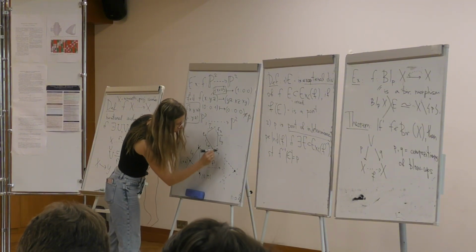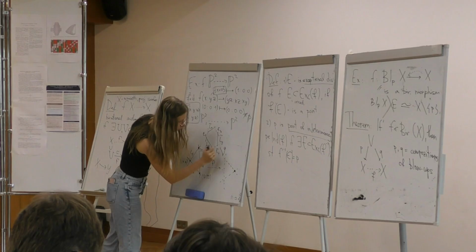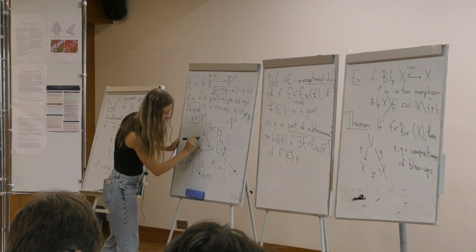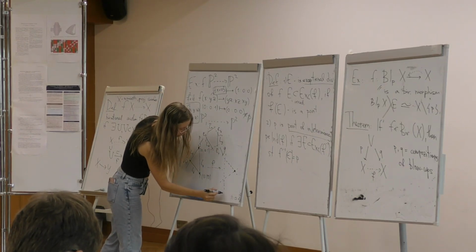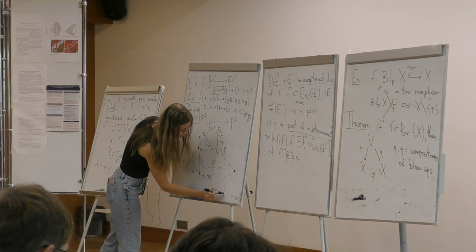It is the image. So this is Q, blow up Q. This is blow up P. This line is Q of E1.